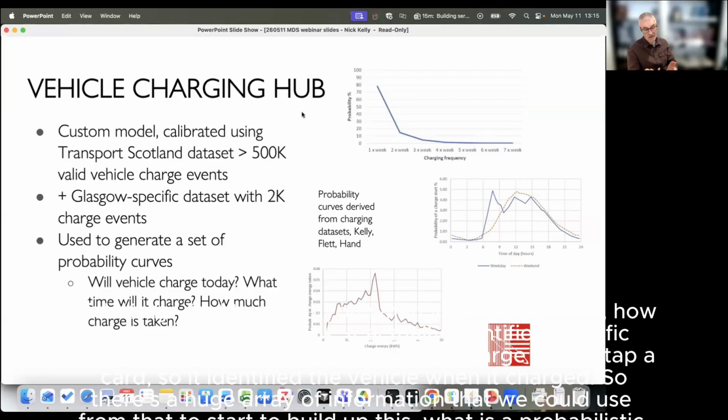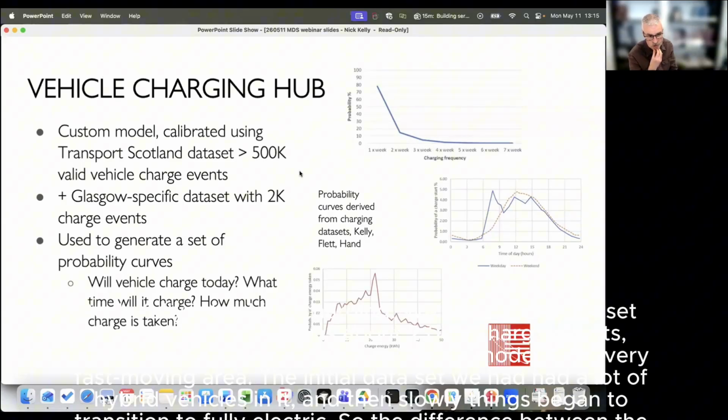And that told you when vehicles charged, how much charge they took. It actually identified specific vehicles because people who had to charge had to tap a card, so it identified the vehicle when it charged. So there's a huge array of information that we could use from that to start to build up what is a probabilistic model of vehicle charging.